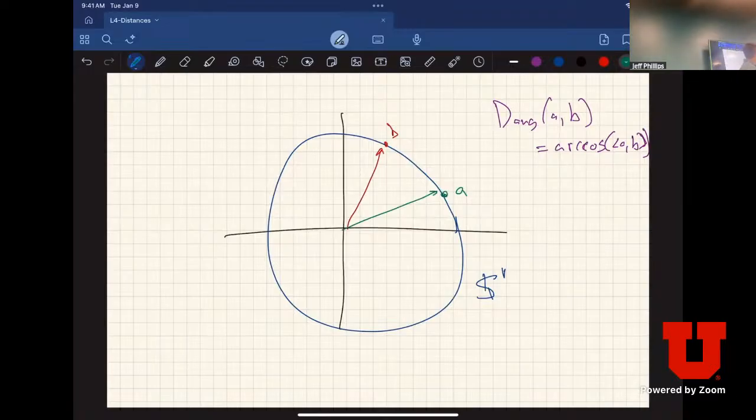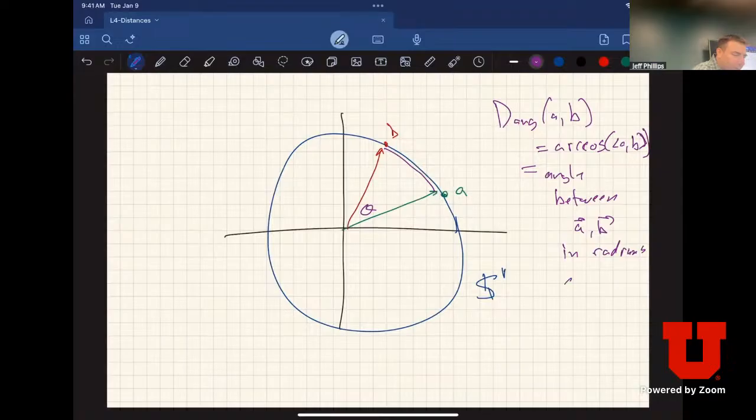What is the angular distance measuring here? Remember from your trig class, what's the arc cosine of a dot product between two things? Yeah, that's right. It's the radial distance of the angle. The angular distance is measuring exactly the angle between vector A and vector B in radians.